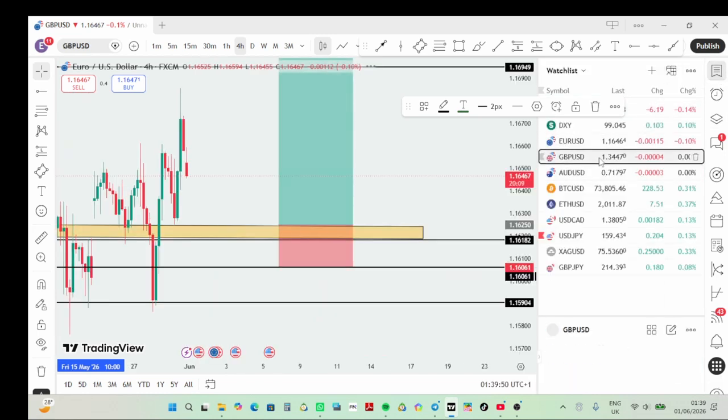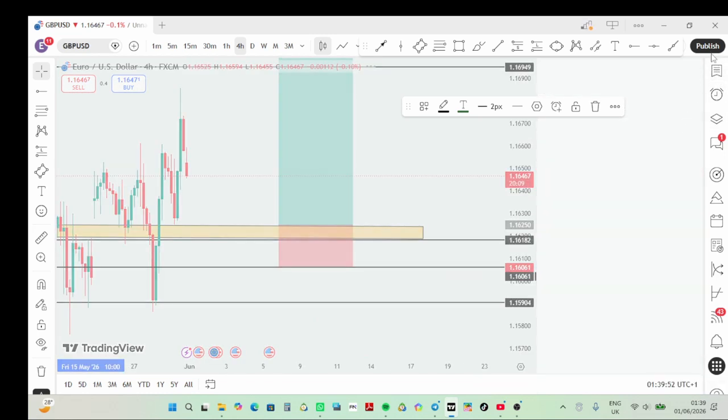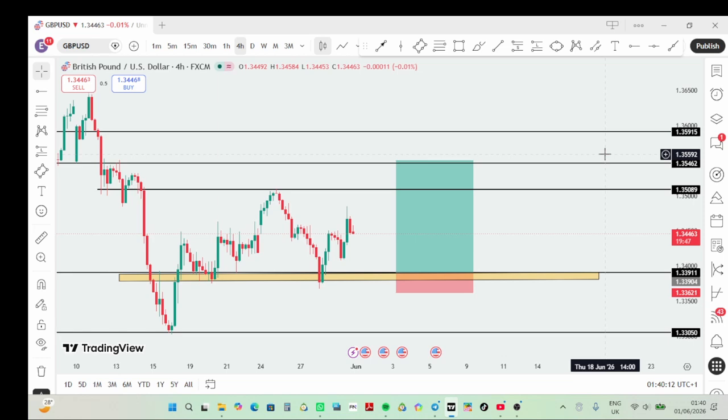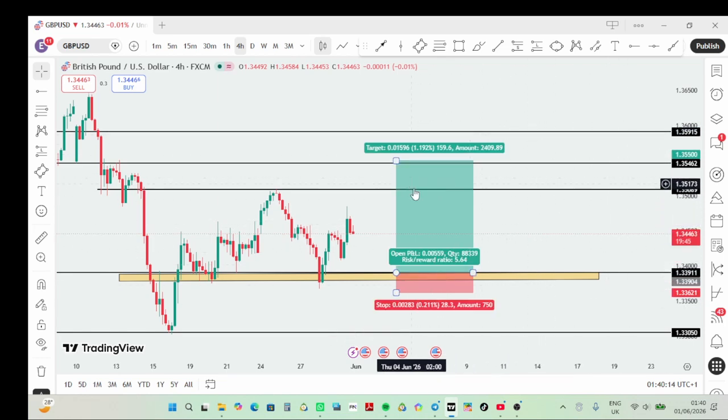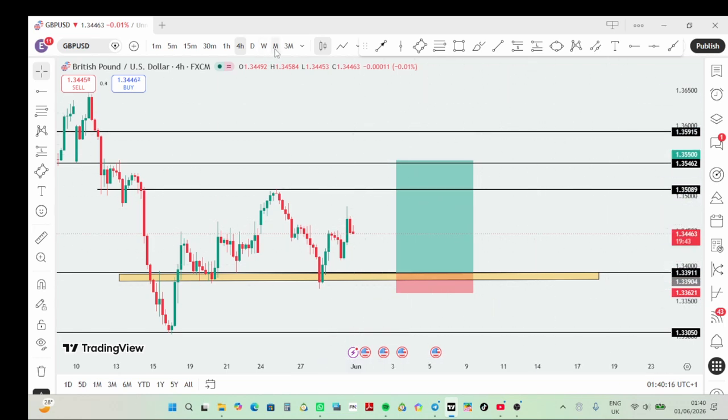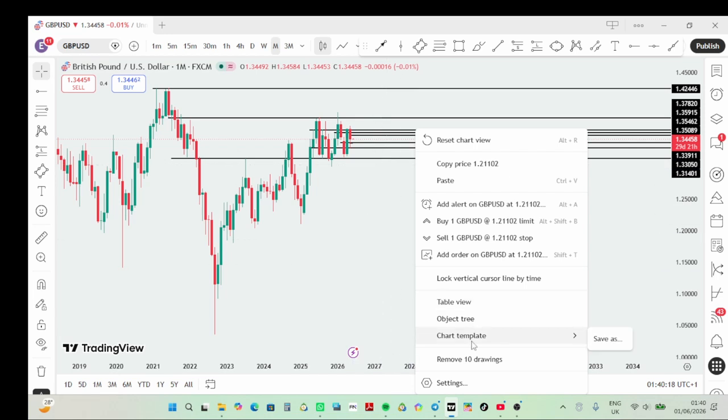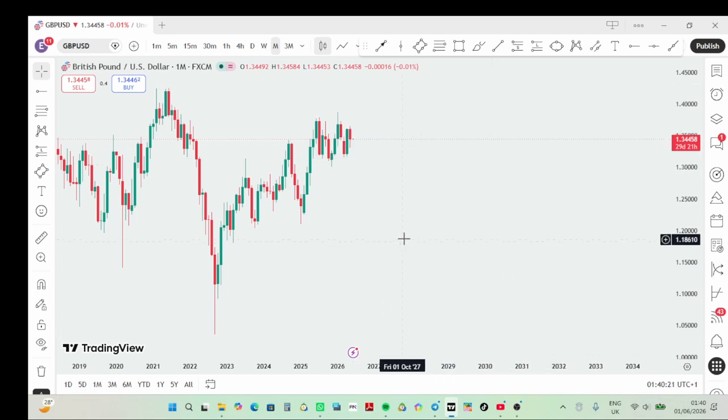So let's go to GBPUSD. GBPUSD also, Marvin, let's go to monthly and see what GBPUSD is talking about.